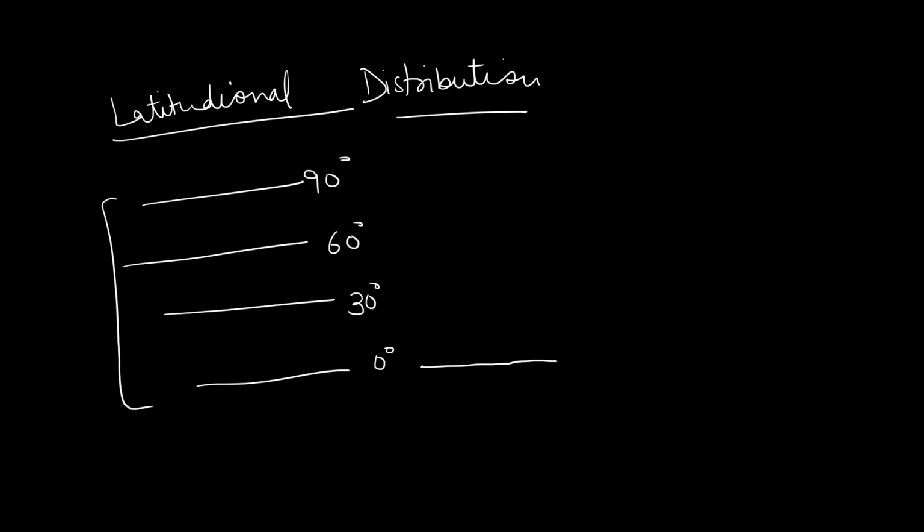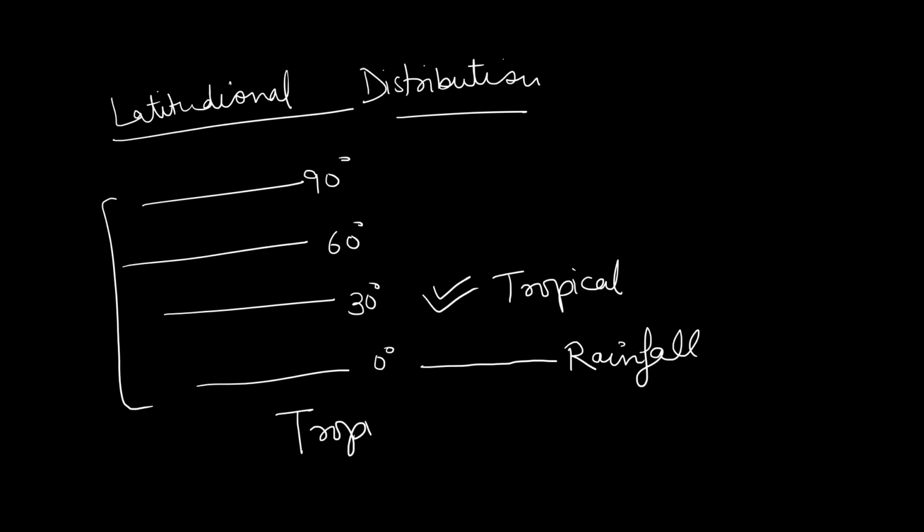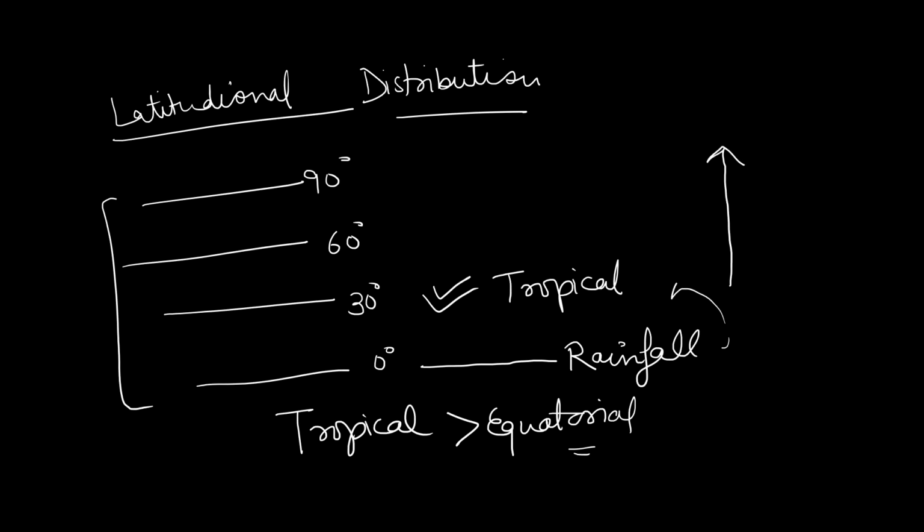The equatorial region receives more rainfall than the tropical regions. That is why the salinity of the tropical regions would be more than the salinity of the equatorial regions. From equator to tropical region, salinity increases. But from the tropical regions towards the poles, the salinity would reduce.